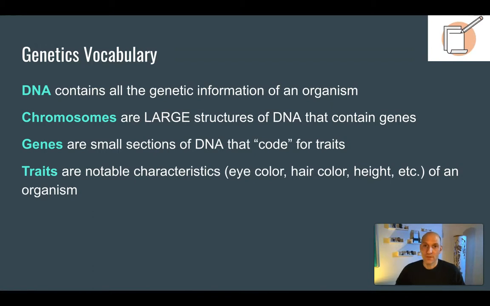Now that's important because remember, cells are too small to see, and DNA is inside of a cell. We can't see DNA. What we can see is the expression of the DNA. DNA is the information to create traits, and we can see those traits.